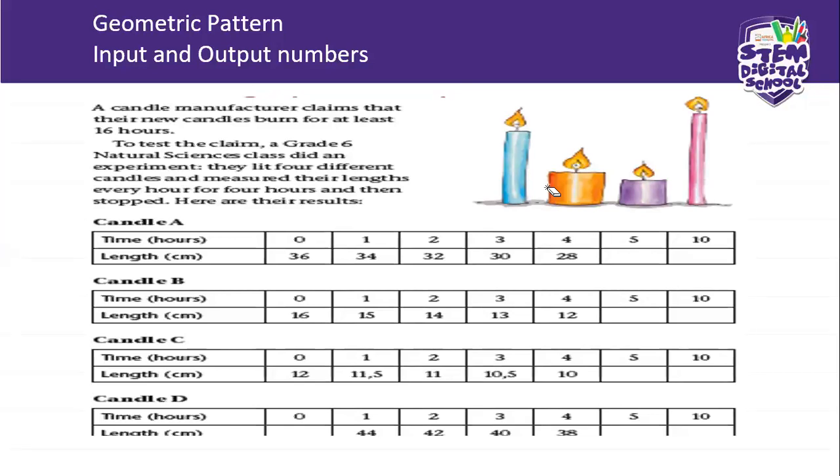All right. And who is going to take us home? Number D, candle D. Okay, so for D, 0 will be 46, and then 1 hour will be 44, 2 hours 42, 3 hours 40, 4 hours 38, 5 hours will be 30, and then 10 hours will be 28.